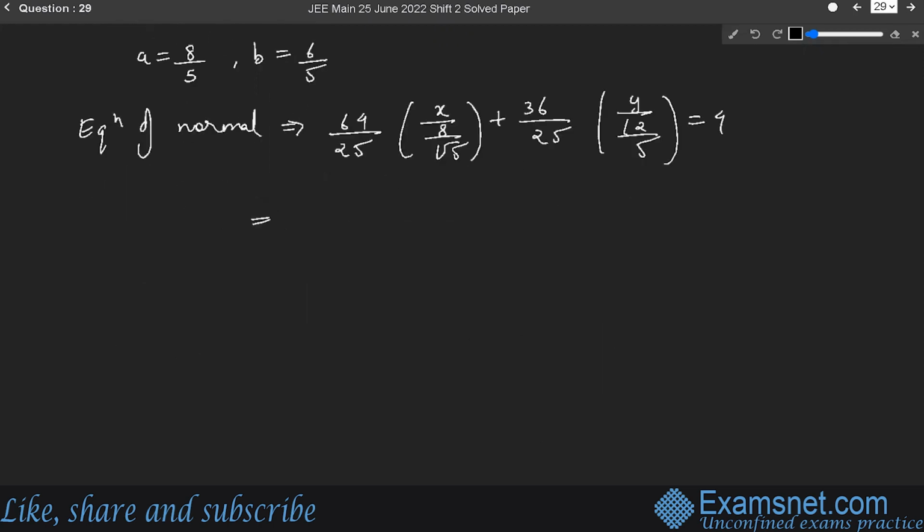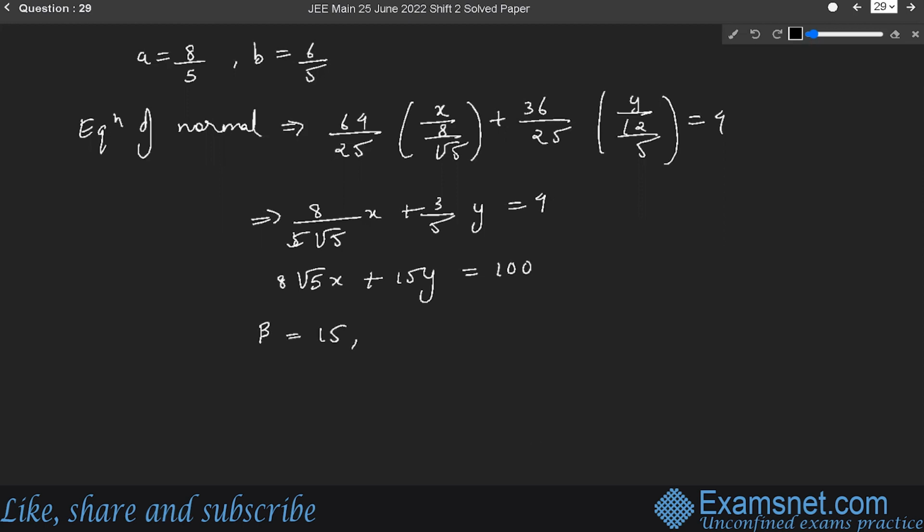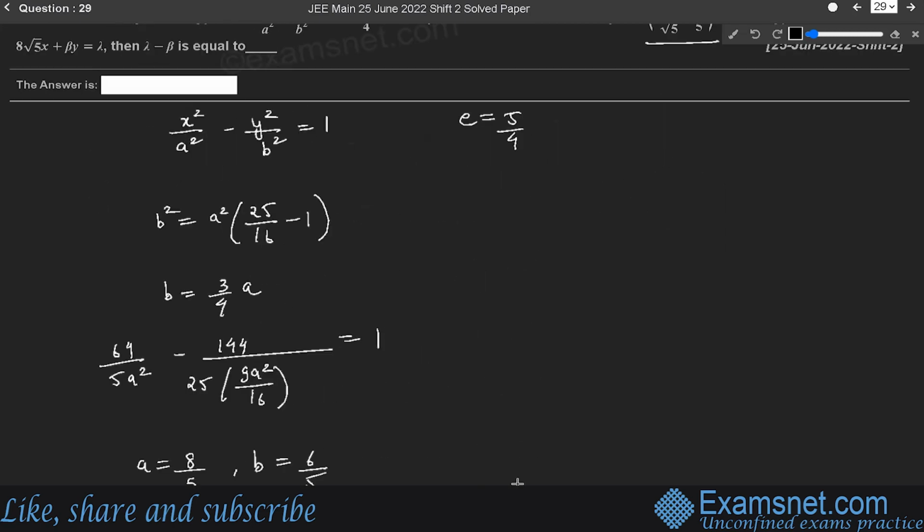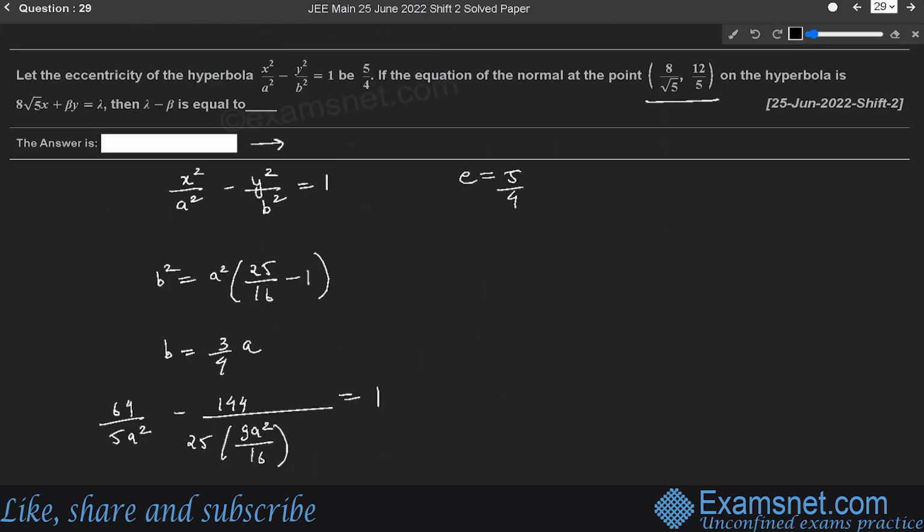So it implies that 8 upon 5 into root 5 x plus 3 by 5 into y is equal to 4. So 8 root 5 x plus 15y is equal to 100. So it is clear that beta will be equal to 15 and lambda will be equal to 100. So lambda minus beta will be 100 minus 15, which is equal to 85. Hence, we can say that the correct answer for this question is 85.